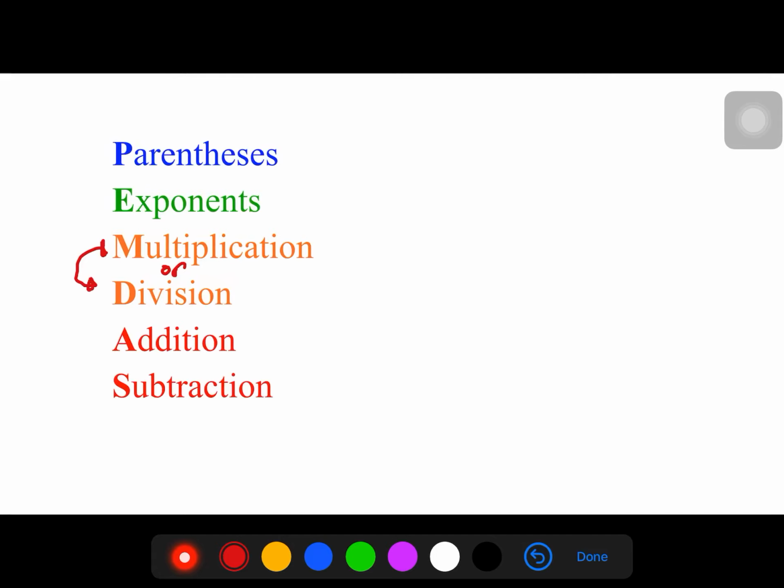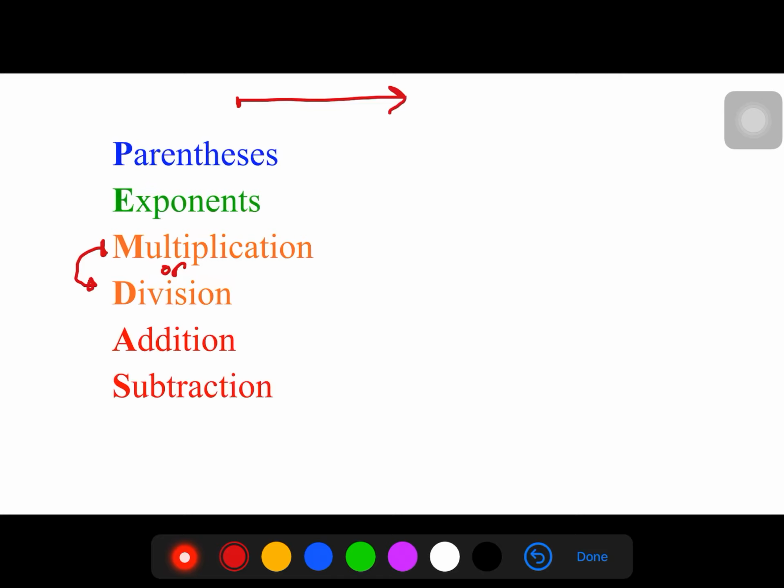Multiplication or division, meaning that if division comes first, left to right, you would divide first. This step, they both are equally important. So it's a parenthesis step, it's an exponent step, and then it's multiplication or division as one step.